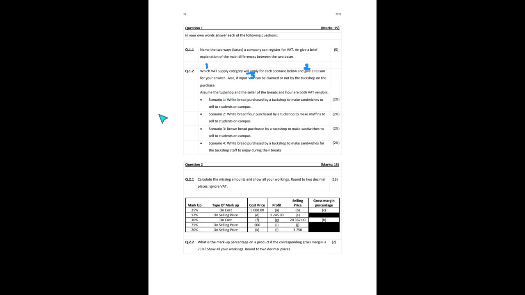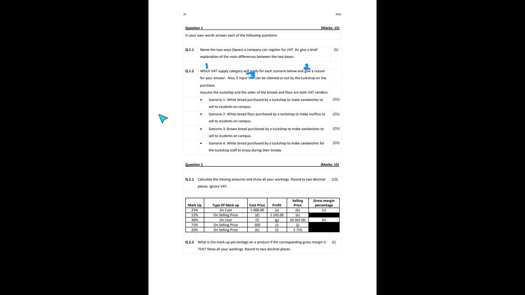The purchaser and the seller are VAT vendors. So VAT will be relevant except where VAT is not applicable. So remember, VAT won't be applicable if it's a 0 rated or exempt item, or if VAT is non-allowable. So that's what you've got to identify. So there'll be 2 things that you've got to work with here.